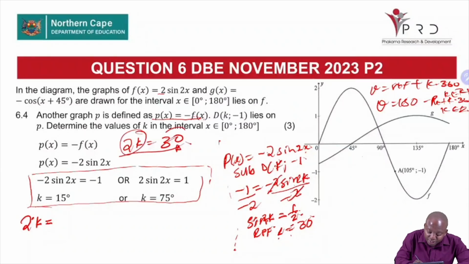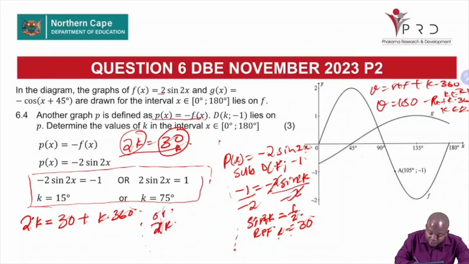So this is our theta, this is our reference angle. Now it's equal to 30 plus k times 360. That is the first one. Or 180. We have 2k.